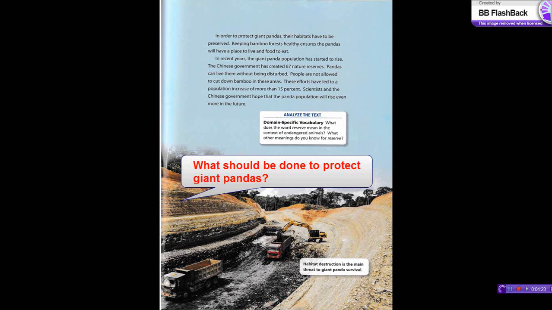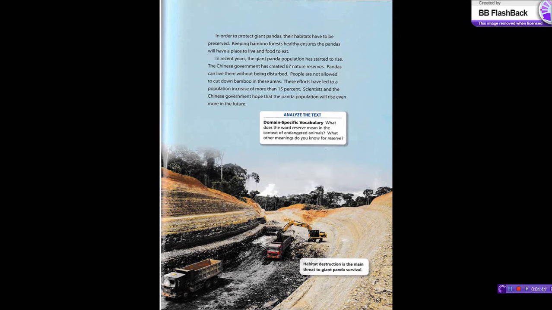Yes, so to protect the giant pandas, their habitats have to be preserved. So we have to keep the bamboo forests healthy. So the government there in China has created 67 nature reserves for them. What was the effect, or what is the effect of this procedure?